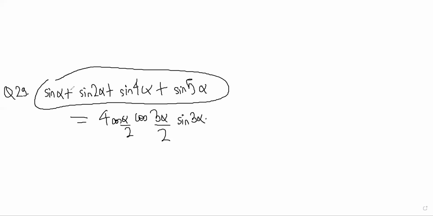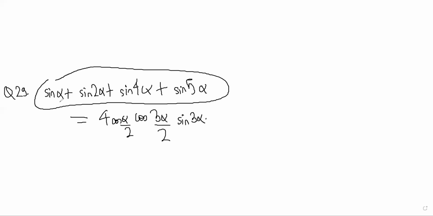Which sines should I group together and which sines should I not group together? What is your opinion on grouping? If you do any random grouping, you'll still get the answer, but it will not be easy. It will be nice if you can group the correct angles together.